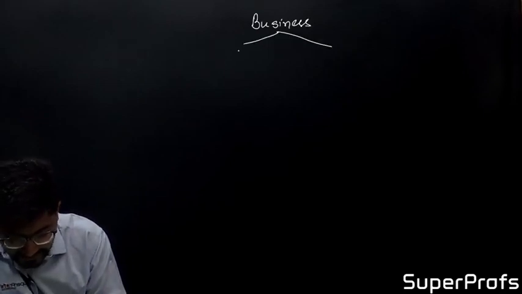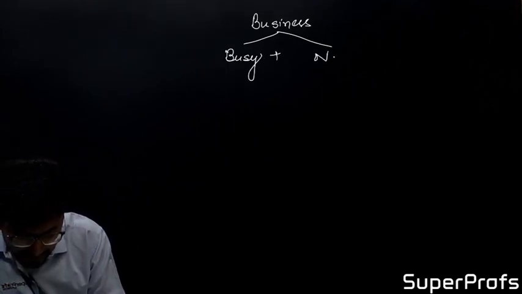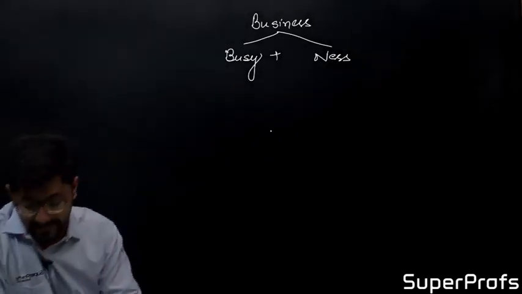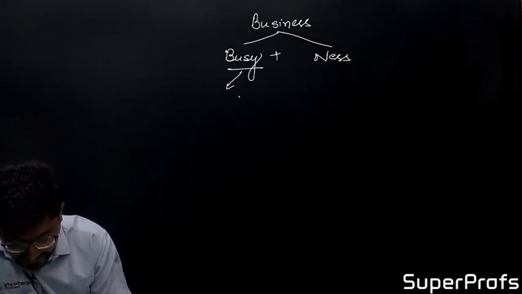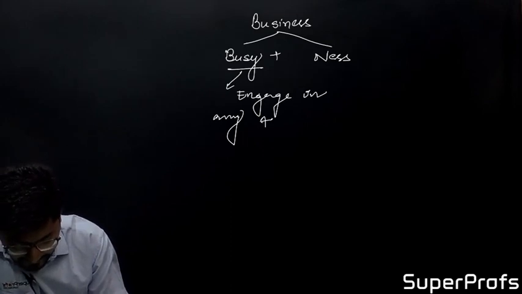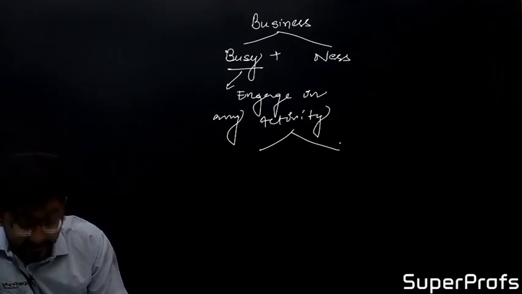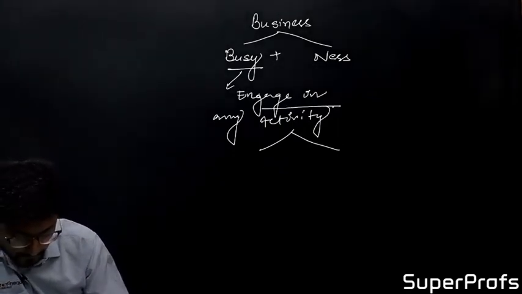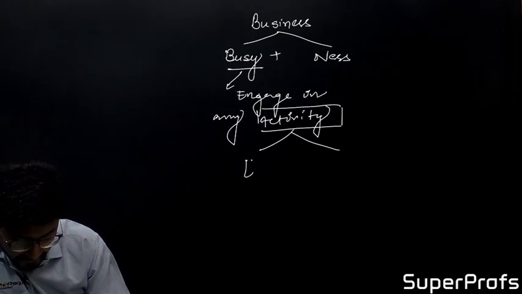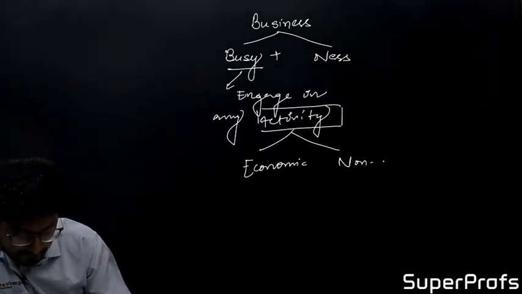Business is a word originated from busy plus ness, and you know that this is a basic. Busy means when you are engaged in any activity, then it is busyness.